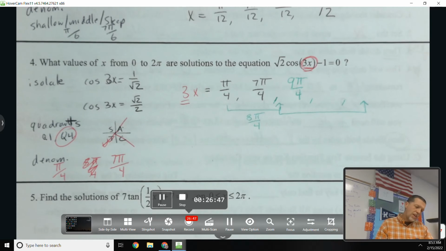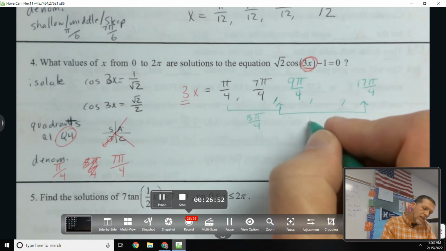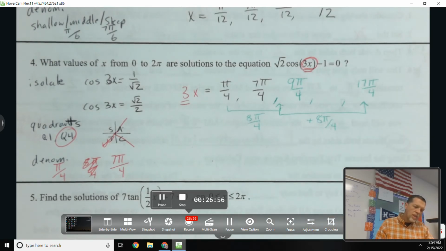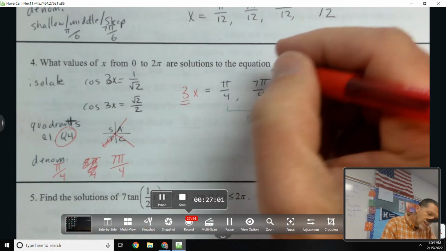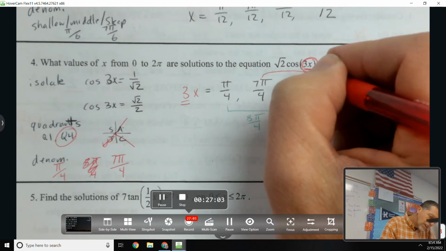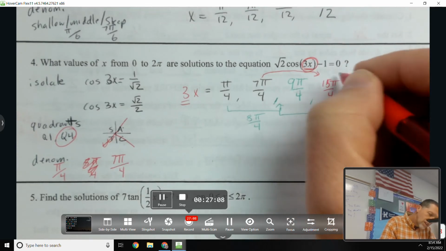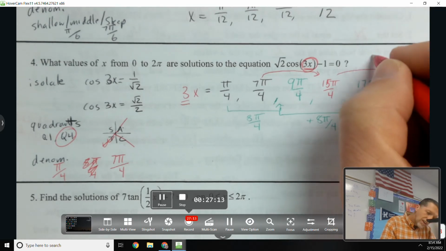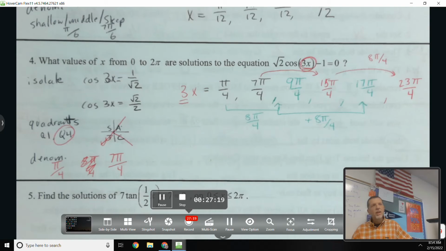If I add 8 again, I get 17 pi over 4. And if I start with 7 and add 2 pi over 4, I get 15 pi over 4. And add 8 pi over 4 again, 23 pi over 4.